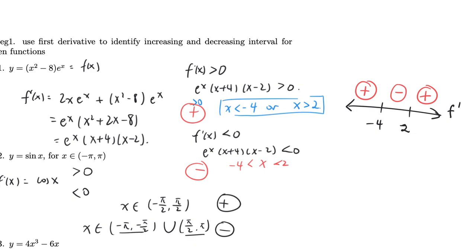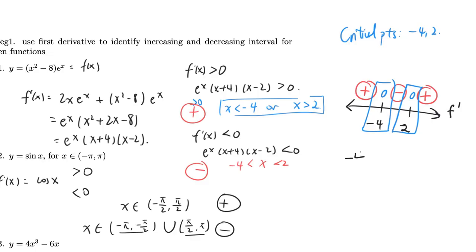So we have f prime positive, negative, positive, and at -4 and 2, we have 0. So these are our critical points, -4 and 2. And for each of them, we consider their neighbors.